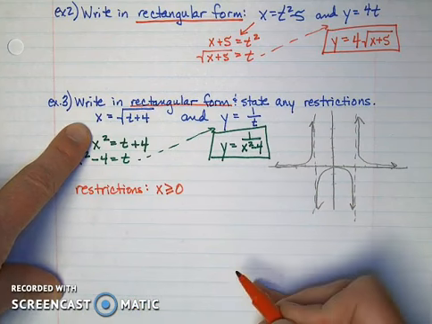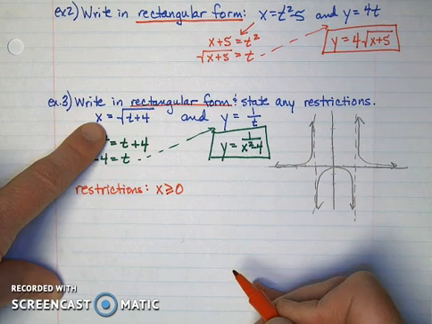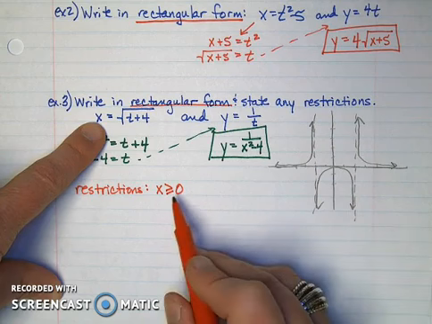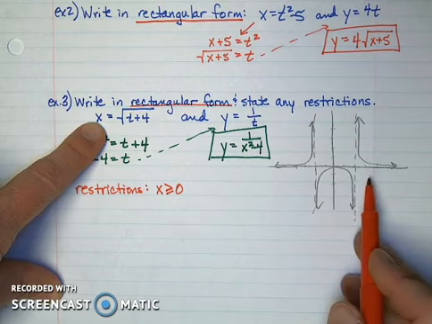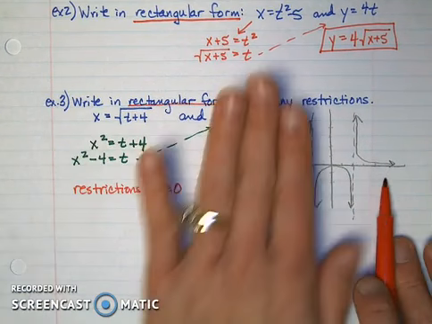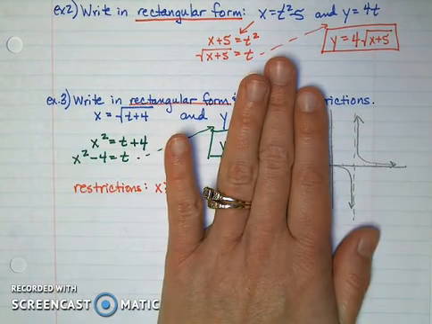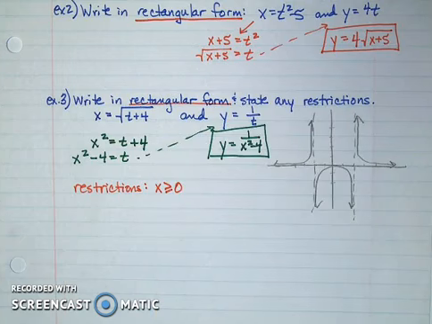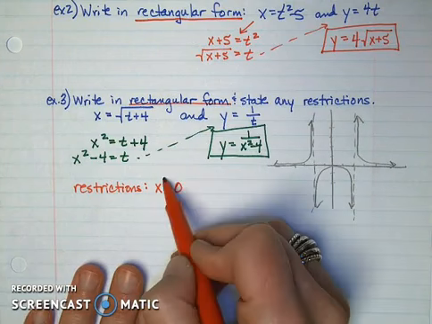It could be equal to 0. I can take the square root of 0. Well, that right there restricts my graph. I now know that x is going to be greater than or equal to 0, so I'm only playing on the right-hand side, right?